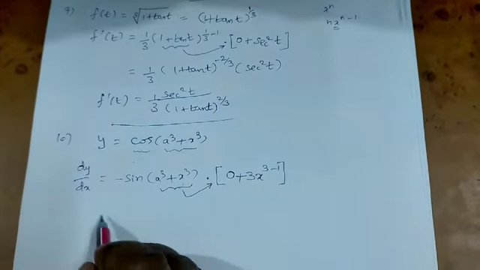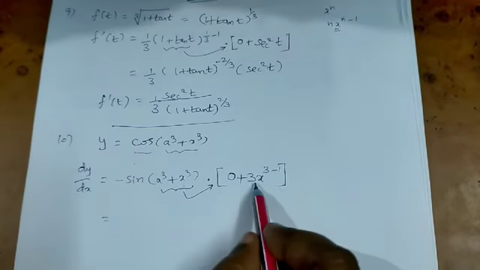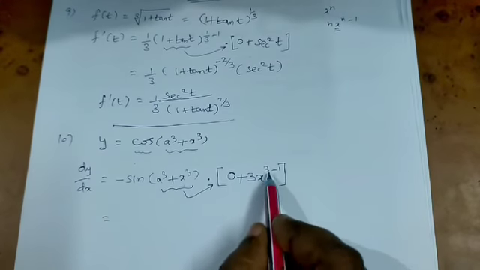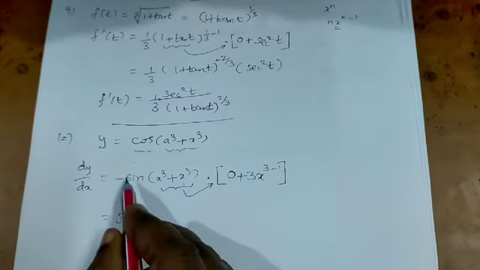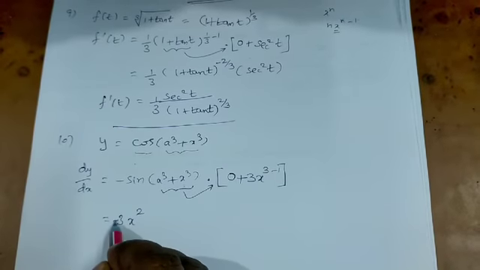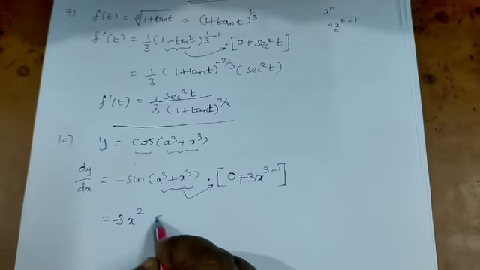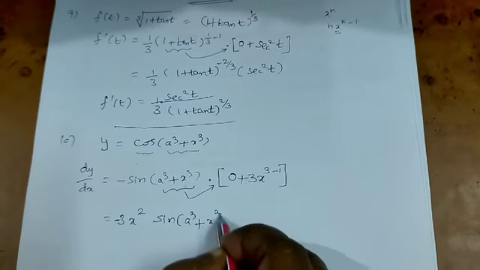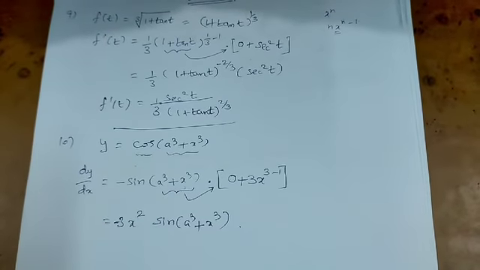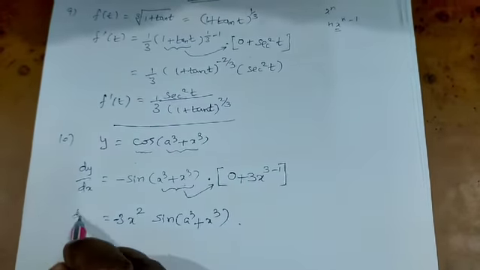The answer is 0 plus anything, the number itself, 3x power 2. You will get 3x power 2, and this minus you can write here, sine of (a cube plus x cube). That's all. Clear? This is the answer for this question.